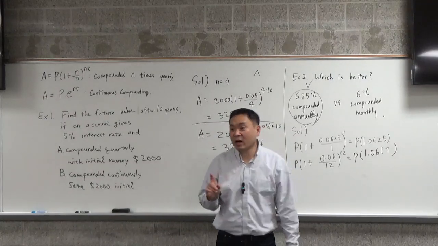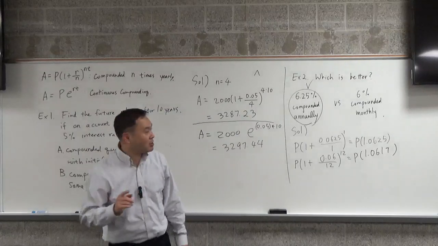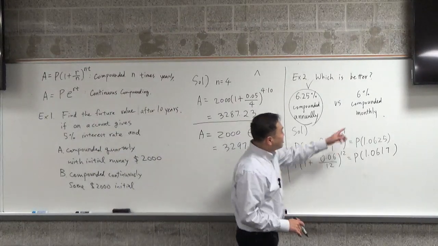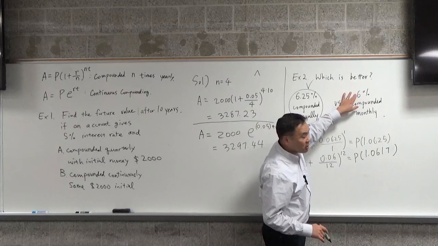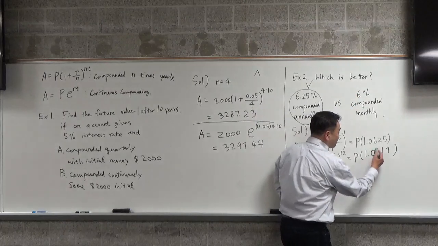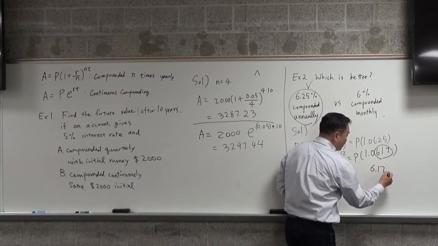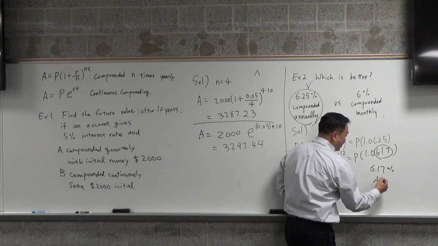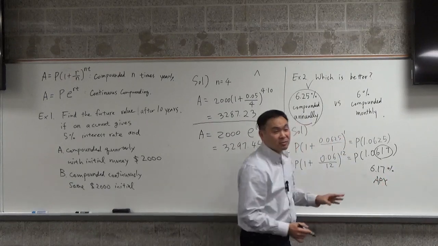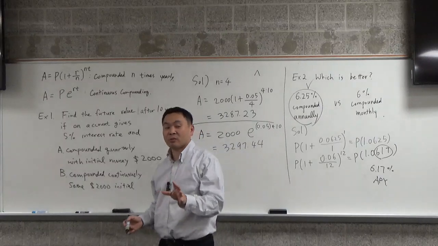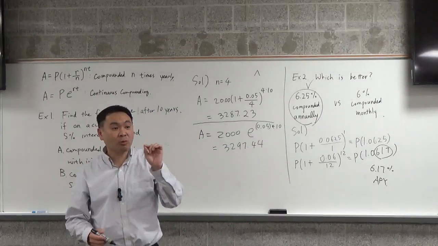And the APY that's posted there is different from the APR. This 6% will be the APR, but 6.17% will be the APY. There's a slight difference because usually banks give out interest rates quarterly.